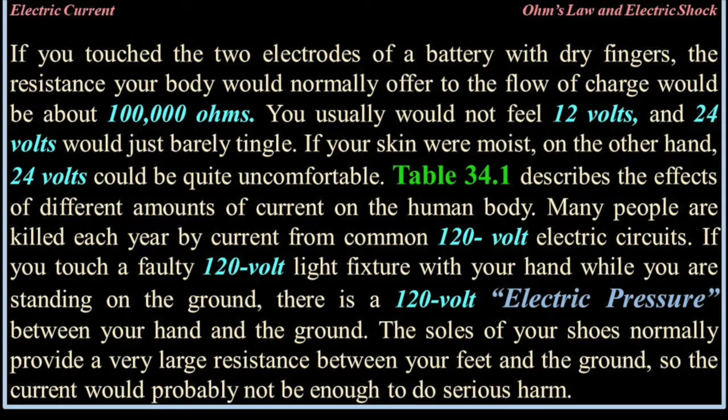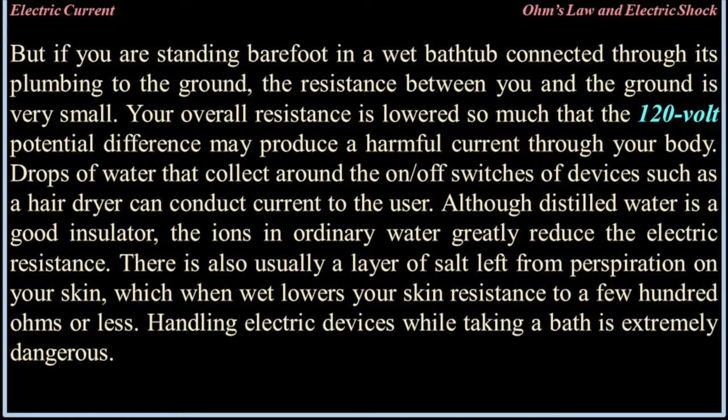The soles of your shoes normally provide a very large resistance between your feet and the ground, so the current would probably not be enough to do serious harm. But if you are standing barefoot in a wet bathtub, connected through its plumbing to the ground, the resistance between you and the ground is very small. Your overall resistance is lowered so much that a 120-volt potential difference may produce a harmful current through your body.